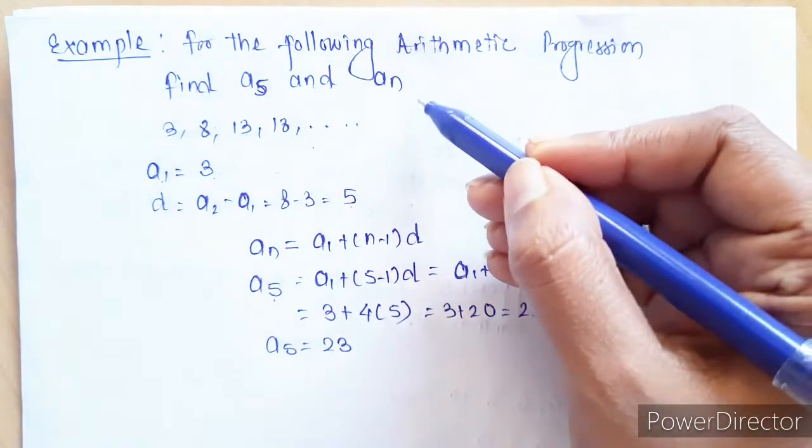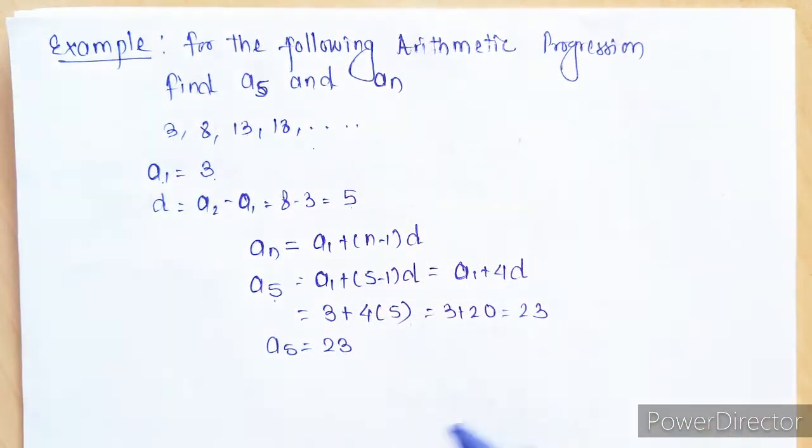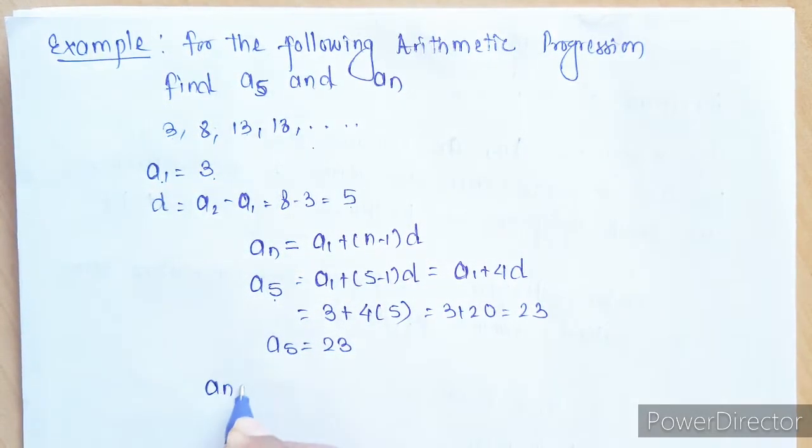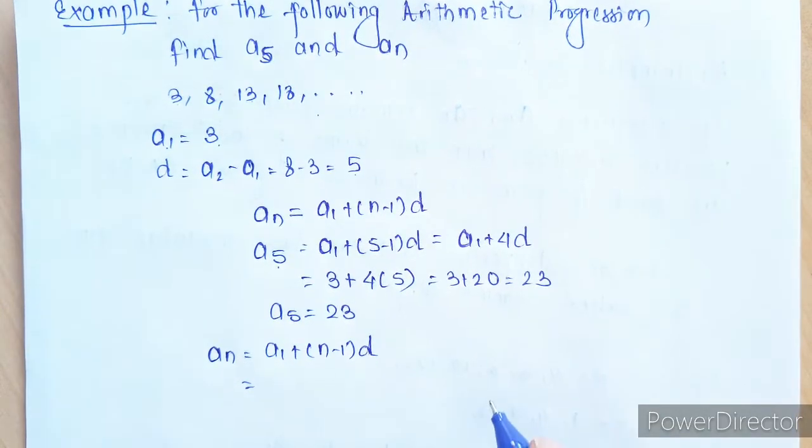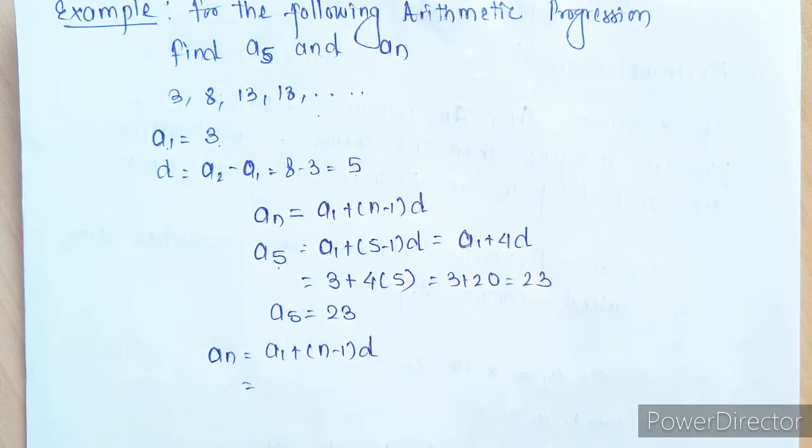Now, next we need to find the nth term. What is the nth term? Same formula: an is a1 plus n minus 1 times d. Since n is not given, we are finding a general formula, writing a general term for this.